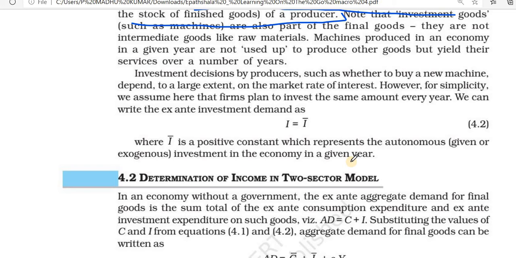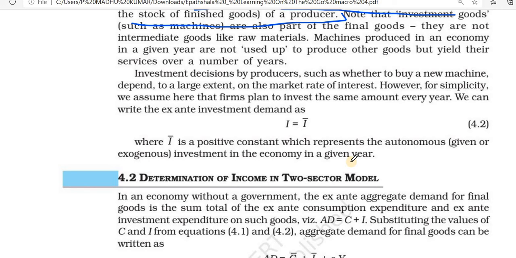The gap must be bridged to increase employment and production. This gap is saving. When income increases, consumption also increases, but there will be a gap. That gap is savings, and this savings will become investment.